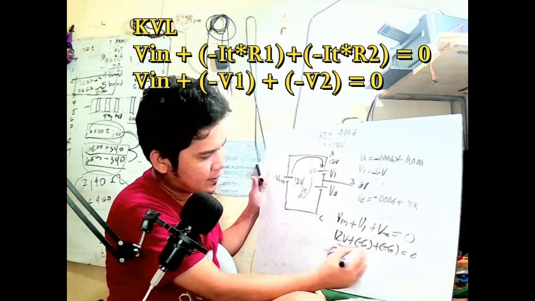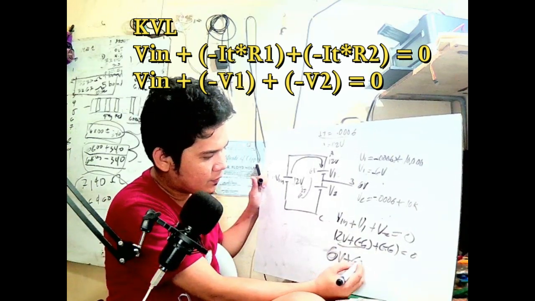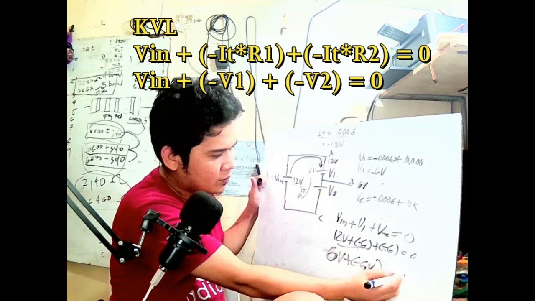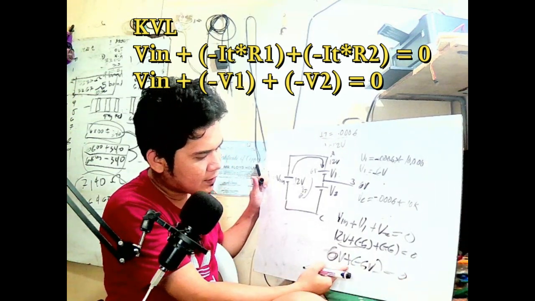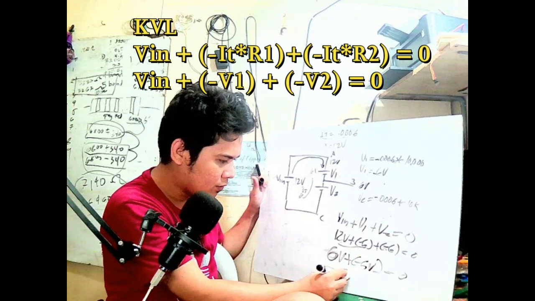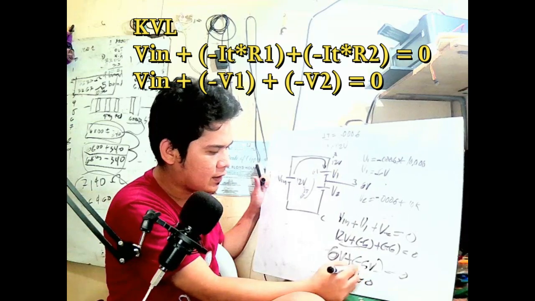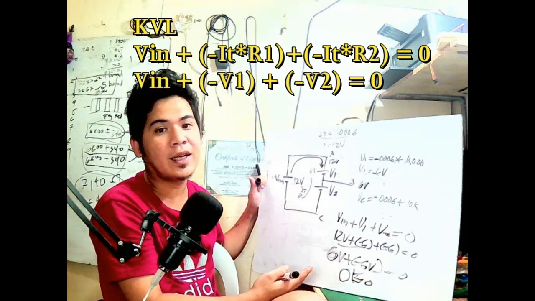Okay? So, tapos na to. So, plus, open and close parenthesis, negative 6 volts, is equals to 0. 6 plus negative 6 is equals to 0 volts. Okay? So, equal siya sa 0. That's why, good. Correct siya.